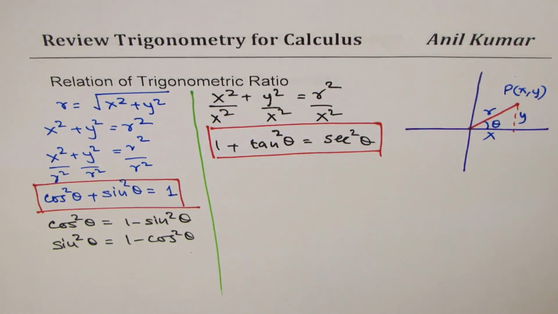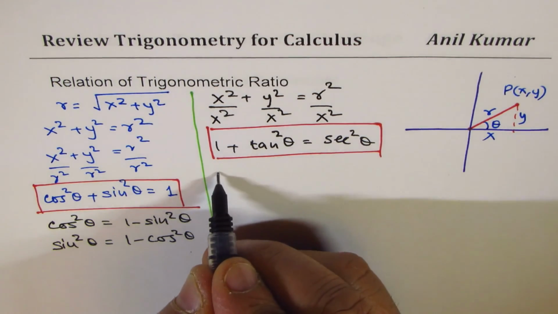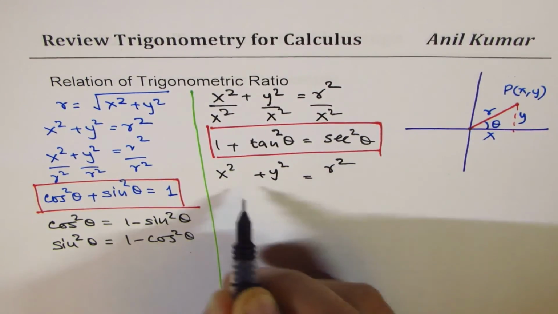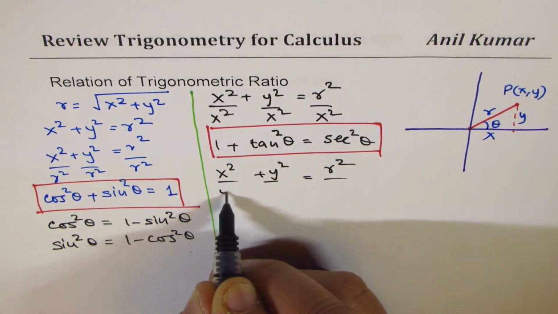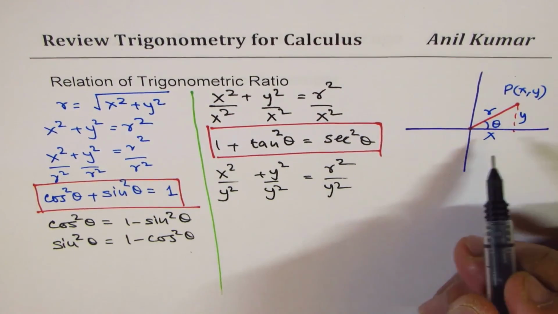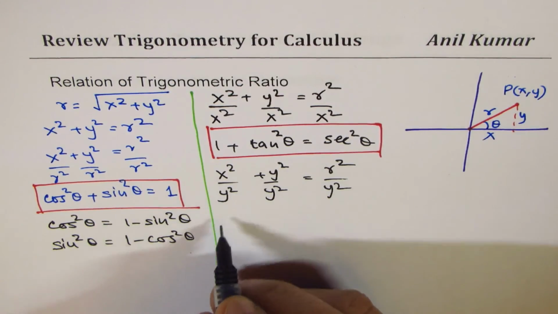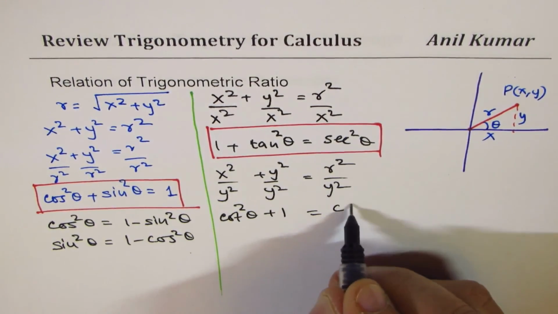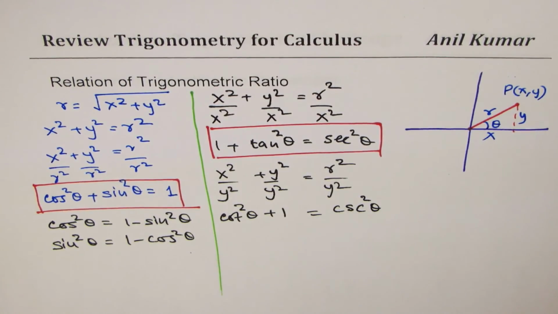Pythagorean identity. Well, just as we did those two, we could even divide x square plus y square equals r square by y square, right? In that case, x over y is cotangent. We get cot square theta plus 1 equals cosecant square theta. Do you see that?